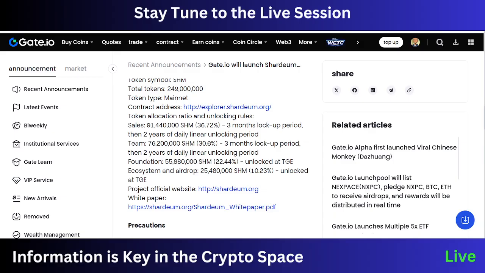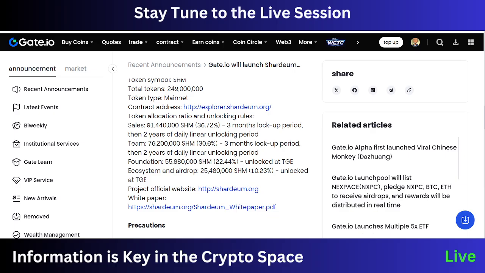The allocation for the foundation is 55.8 million SHM, which is estimated at 22.44%.